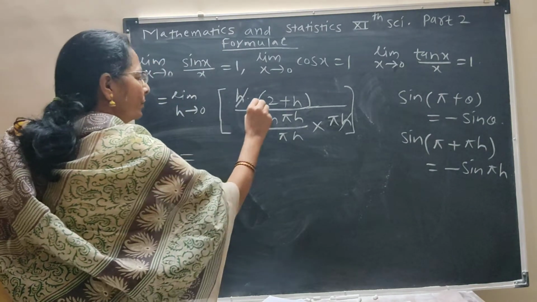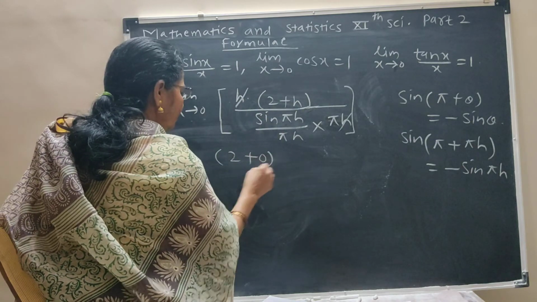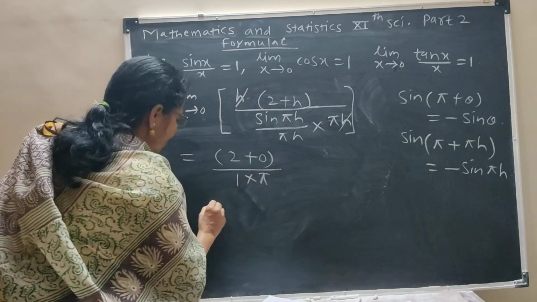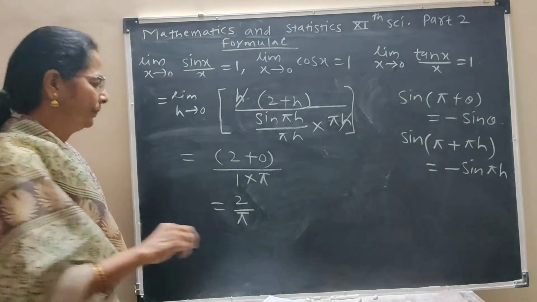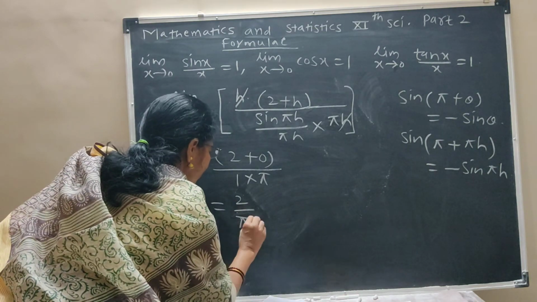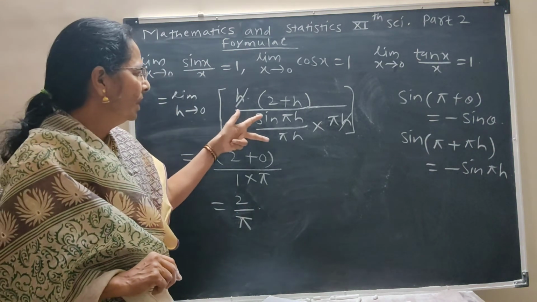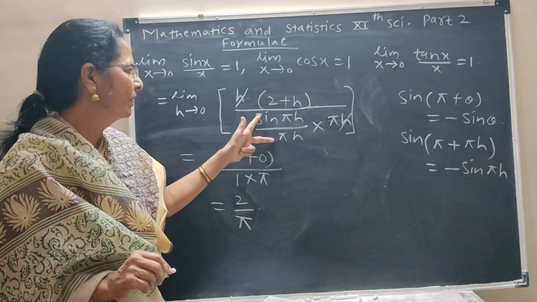Then put the value of h as 0. The value is 1 and there is pi. The formula we use: h tends to 0, sin pi h upon pi h is 1.